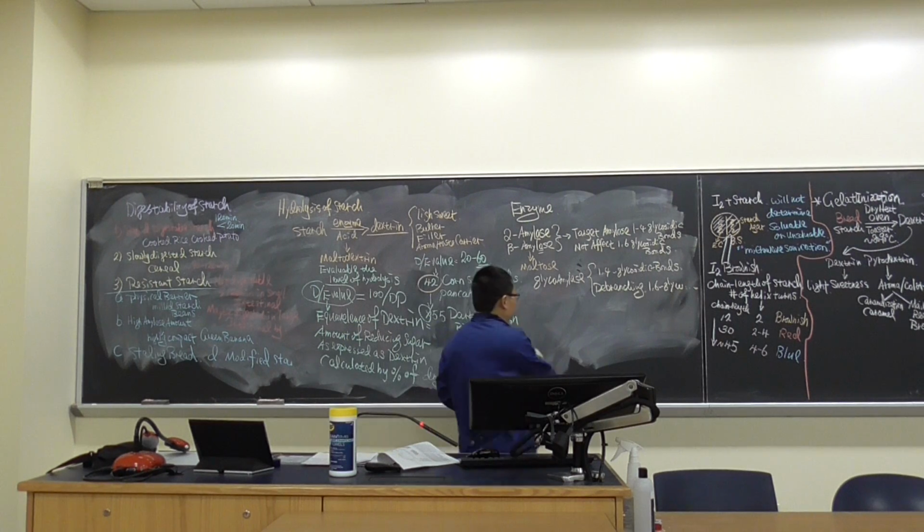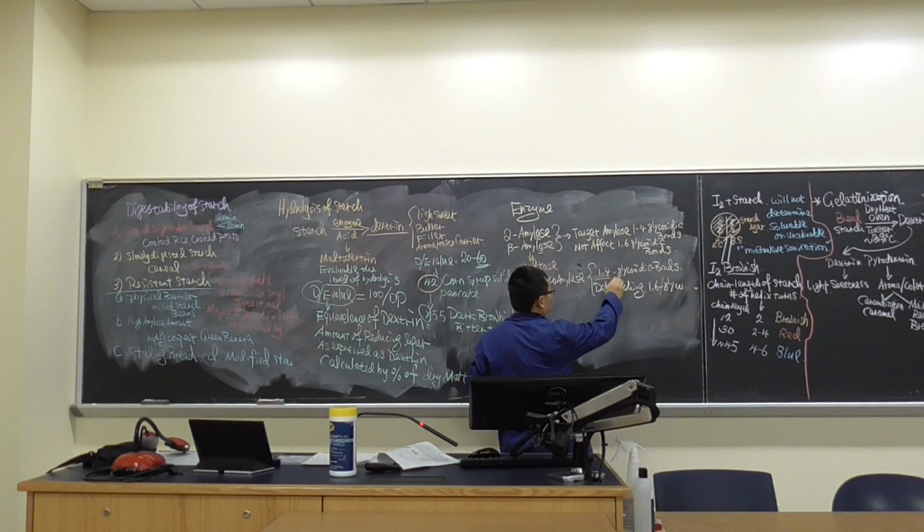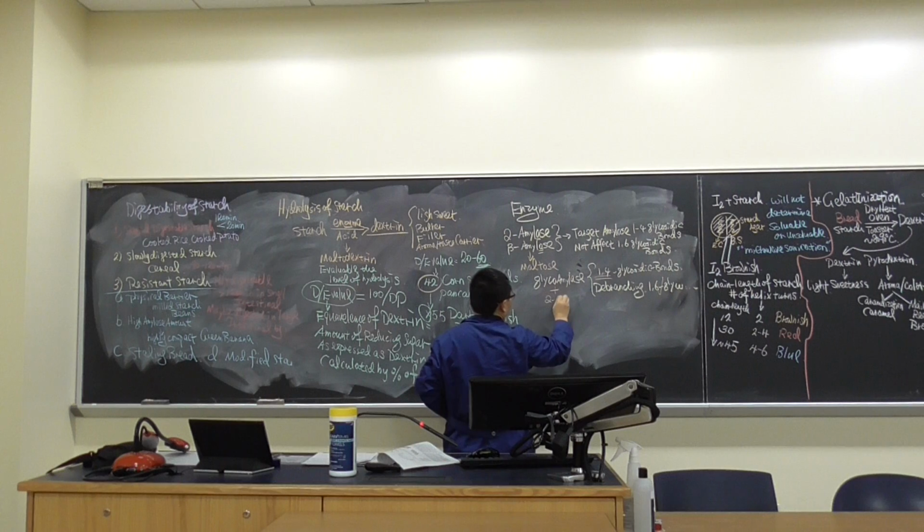However, for glycoamylase, the 1,4 activity is strong and the 1,6 is relatively weak. So what we usually do is combine it with alpha amylase.